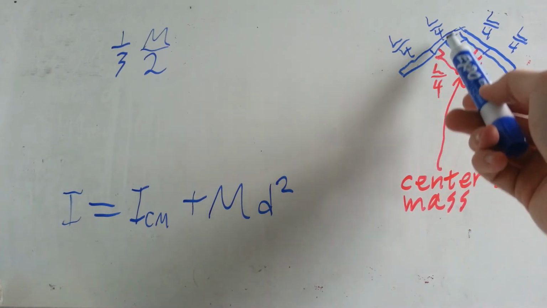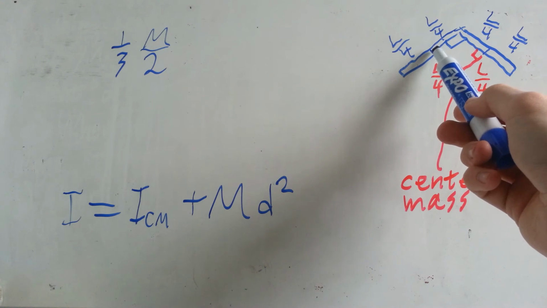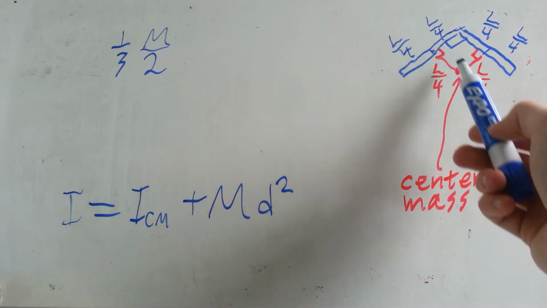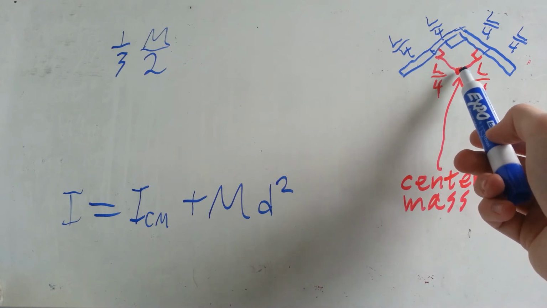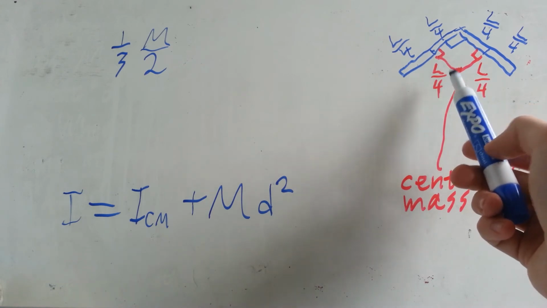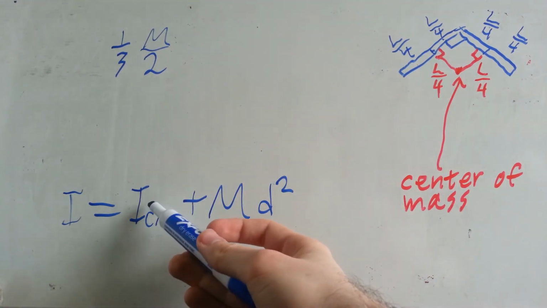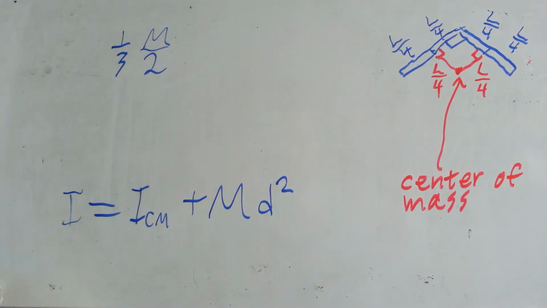Since we're doing both separately, this is the center of mass of this one, so the distance from this center of mass to the axis of rotation is L over 4. Okay. So we need this, which is the moment of inertia for the center of mass of one sheet.